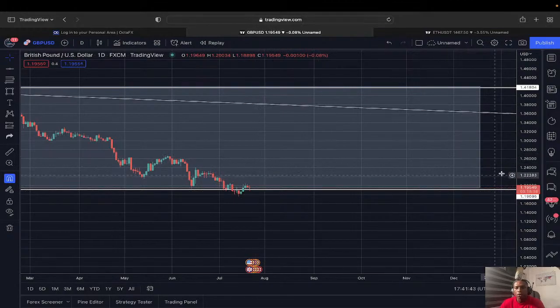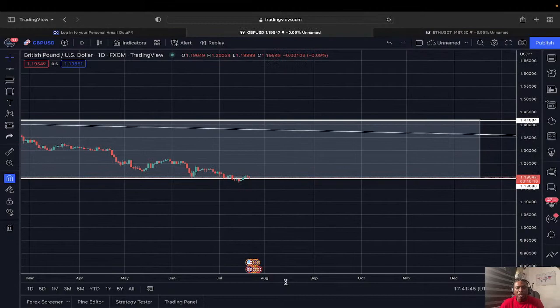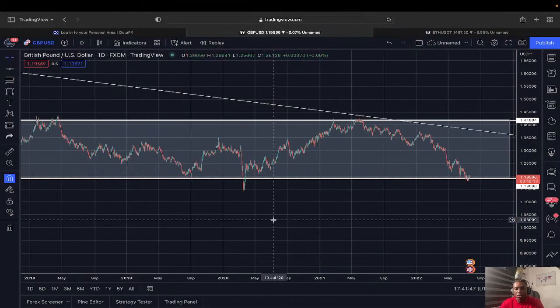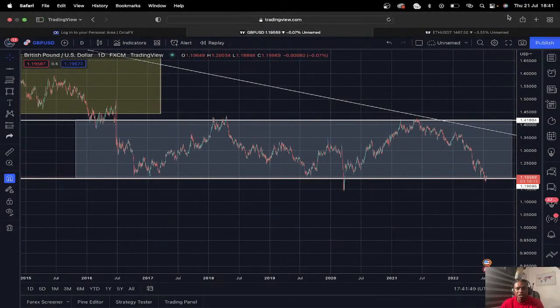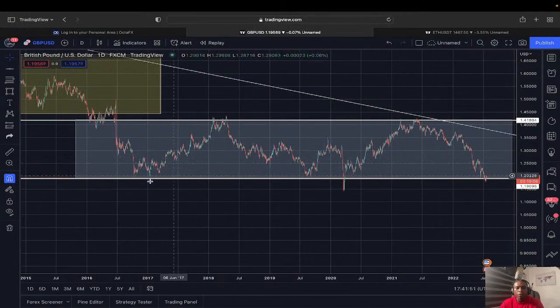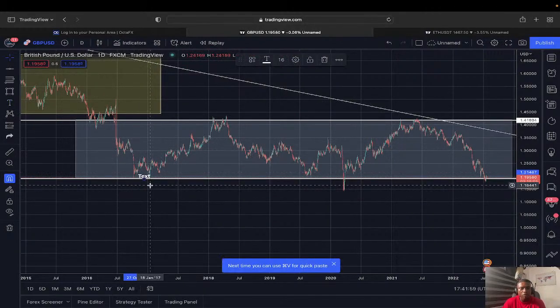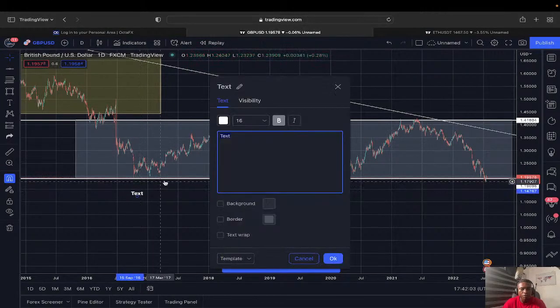All right. Let me just give us a tip on this. Like, this is a tip now. You spot this first footprint.